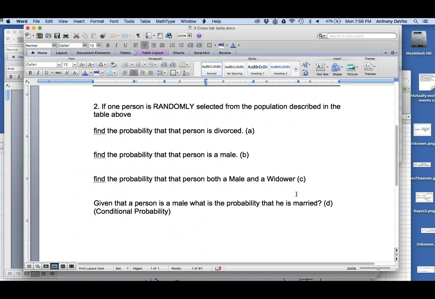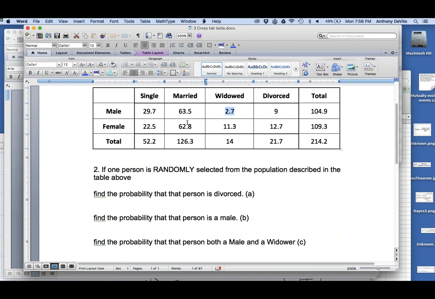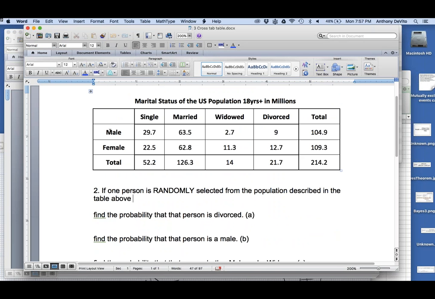If I had just asked you, what's the probability that a person is married, that would be 126 million out of 214 million. But now I've said, given a person is male. So now you're only looking at the males, and the probability that that person would be married if he's male is 63 million over 104 million. That's a conditional probability.